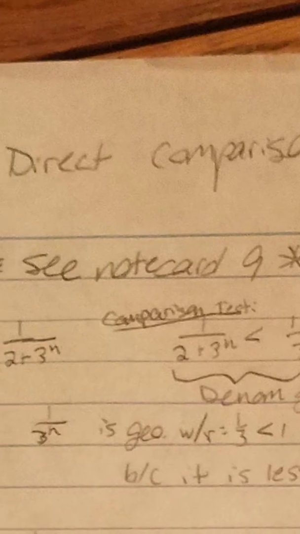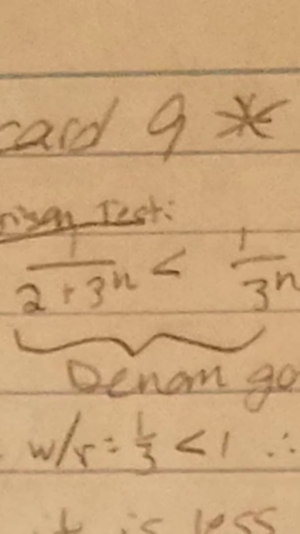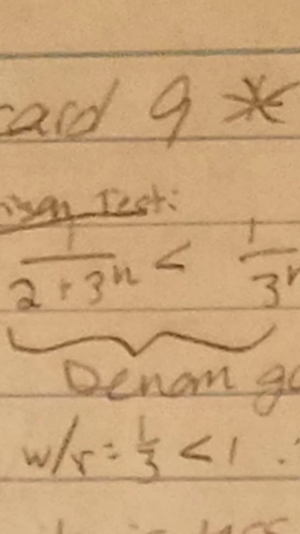You know basic math. You can figure that one out. So 1 over 2 plus 3 to the n is less than 1 over 3 to the n for that reason. What does that tell us? Well, we know that 1 over 3 to the n is geometric with r equals 1/3, which is less than 1. Like I said, I hope you already know about geometric divergence and convergence. So the absolute value of r is less than 1.